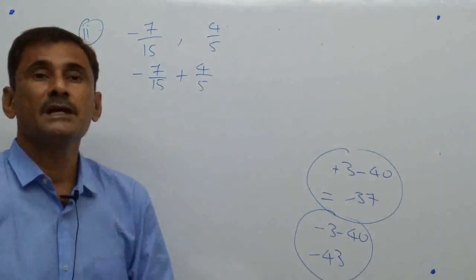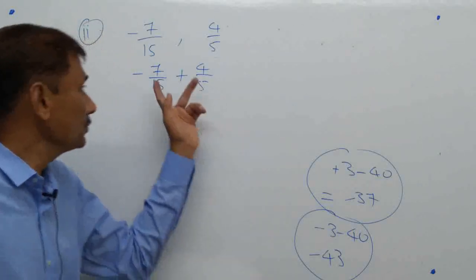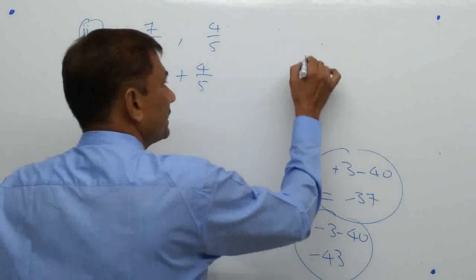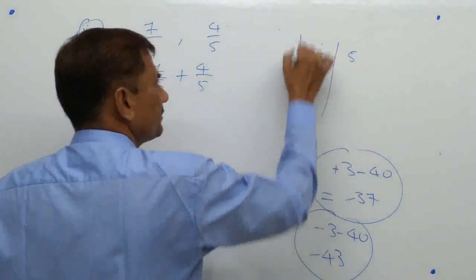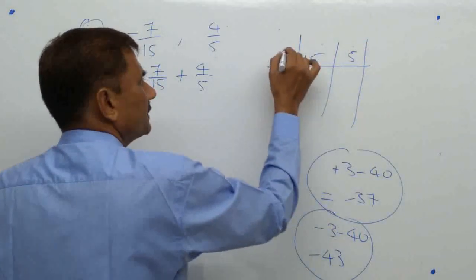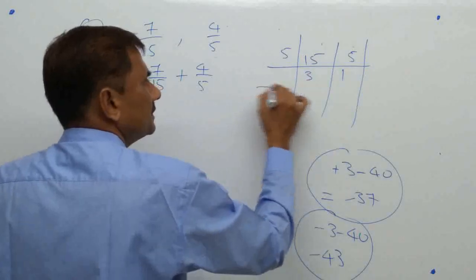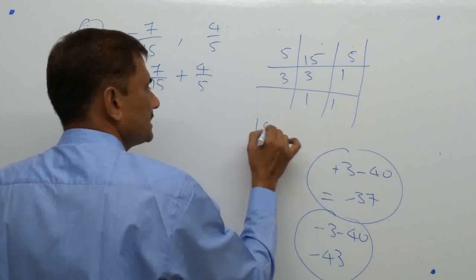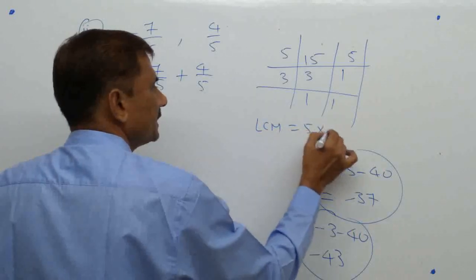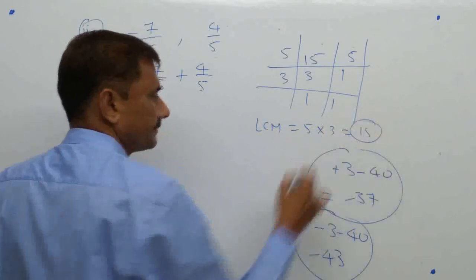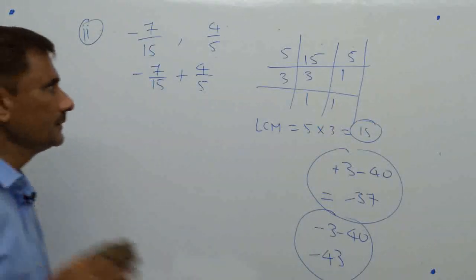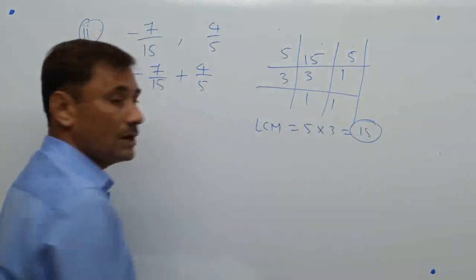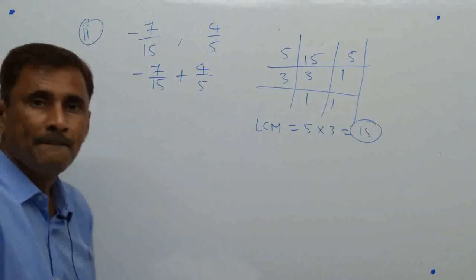15 is the LCM, least common multiple, of both numbers. Earlier I told you that you can find LCM by that process also. With 5 they are divisible, now with 3. So 5 into 3, so the LCM becomes 5 into 3, 15. You know from the primary stage how to find LCM.